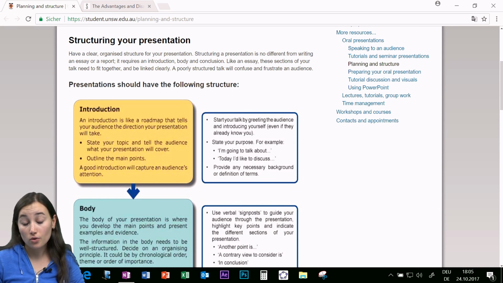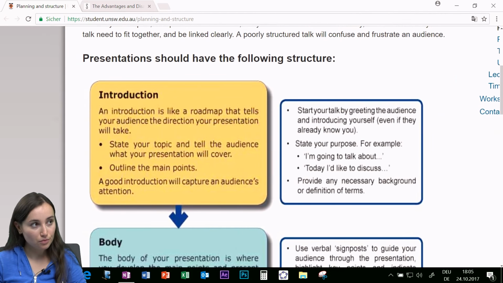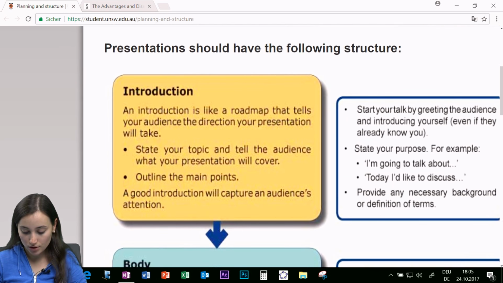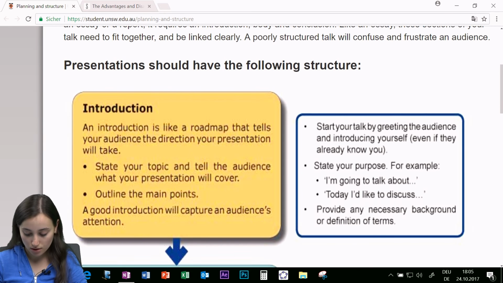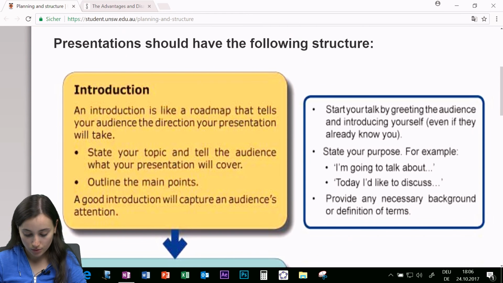So as I already mentioned, you have to have some kind of structure in your presentation or in your exam, and it should be clear. So I would like to talk about the instructions. I'm going to zoom in, yes, this is, I think, perfectly visible for you.